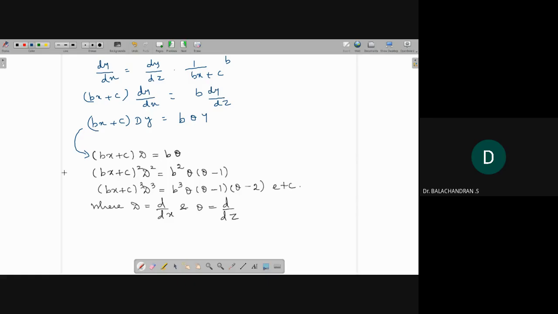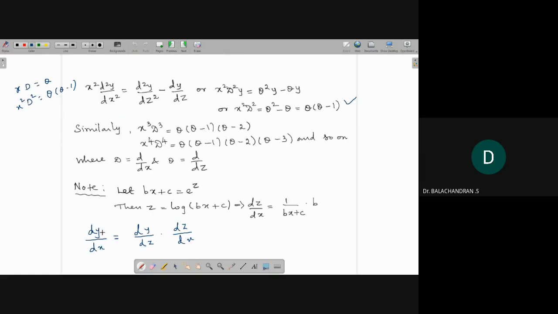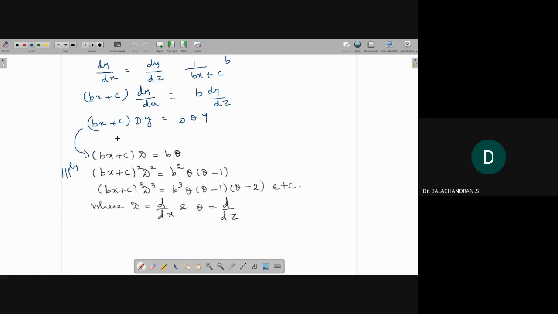Similarly, you can find the rest. So next you should find d square y by dx square. If you find it, you will get bx plus c whole square into D square equal to b square into theta into theta minus 1.